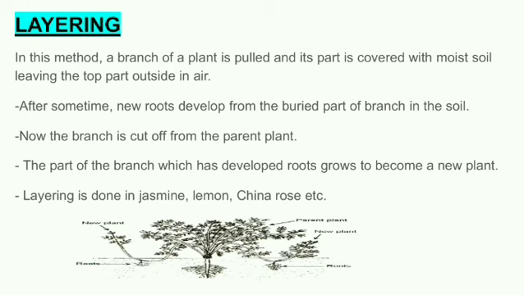After some time, you will see that roots have started developing on both the right and left side of the buried part of the plant, and it develops into a new plant. So this method is called layering, and commonly layering is done in jasmine, lemon, China rose, etc.